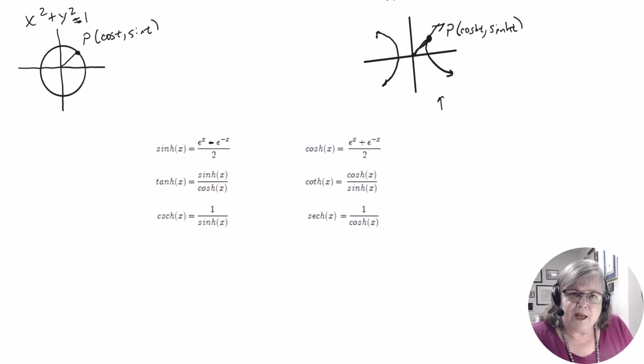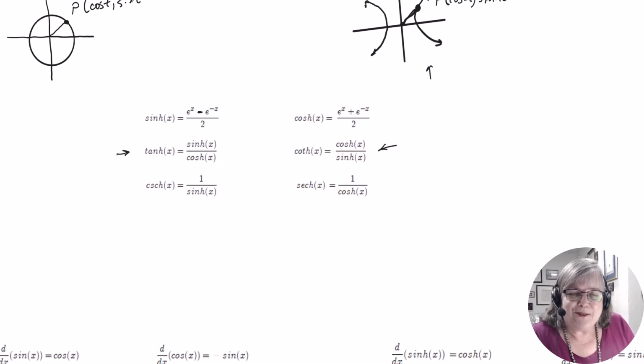But once you get that set up, there are some similarities and some differences with the trig functions that you know. Before, you knew that tangent of some angle is equal to sine over cosine. Well, hyperbolic tangent is equal to the hyperbolic sine over hyperbolic cosine. You knew that cotangent was cosine over sine, so hyperbolic cotangent is hyperbolic cosine over hyperbolic sine, right?